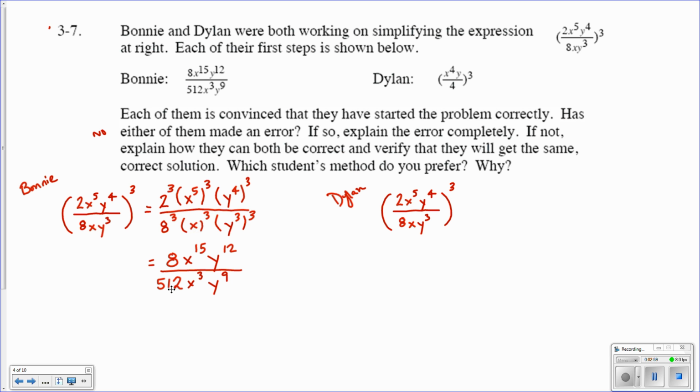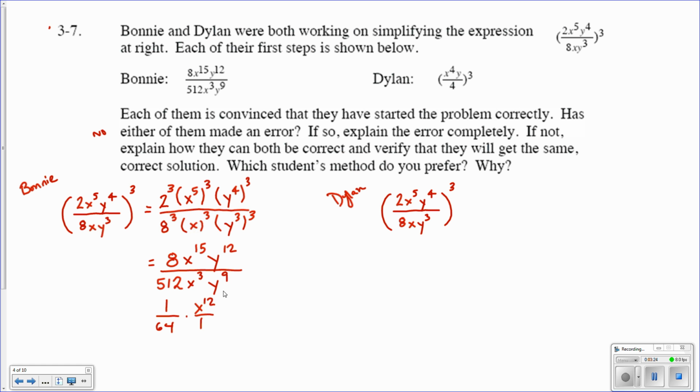Her next step would probably be to simplify this down. We could look at 8 and 512. So we know 8 goes into 8 once, and it goes into 512, I believe, 64 times. So right now we've got 1 over 64. We have x to the 15th over x to the third, which gives us x to the 12th over 1.